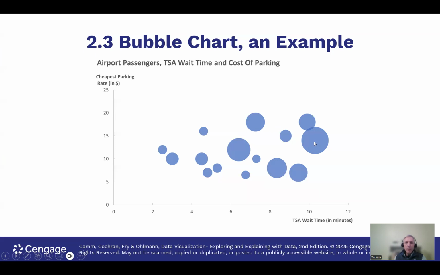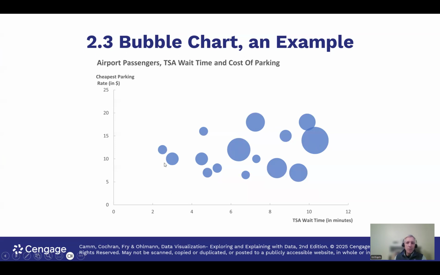So I'm not a big fan of bubble charts. I'll tell you why later, but this is pretty good for this because what I'm just trying to show is, well, actually, I'm not sure what they're trying to show. These are three weird variables to put together. This was just done as an example.